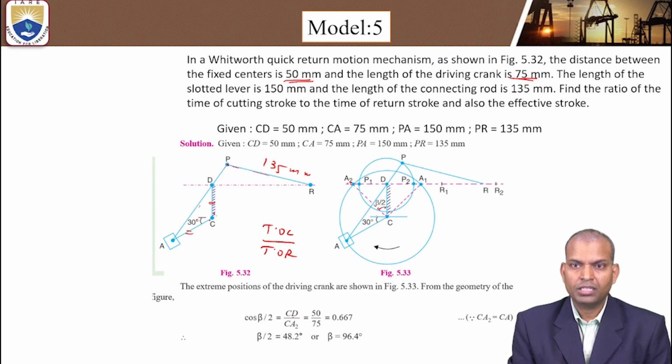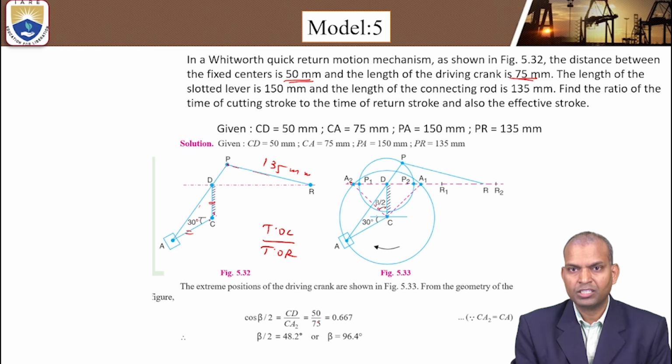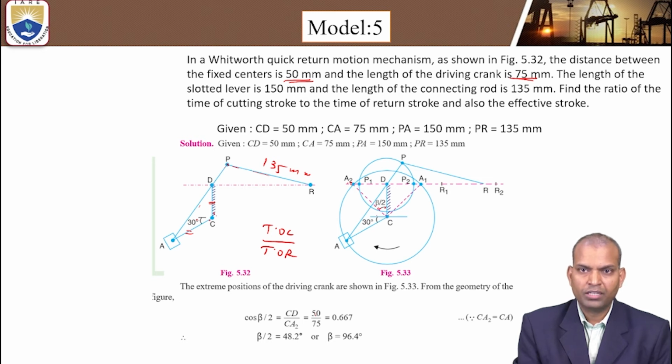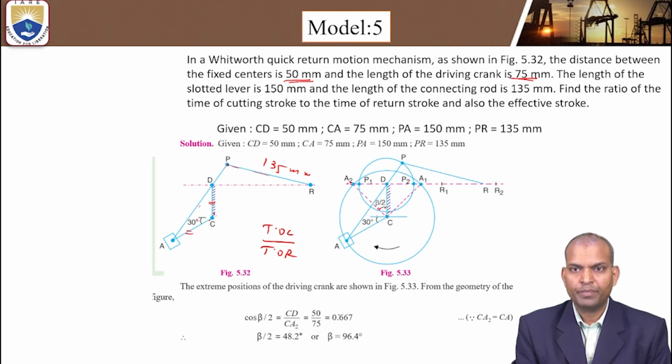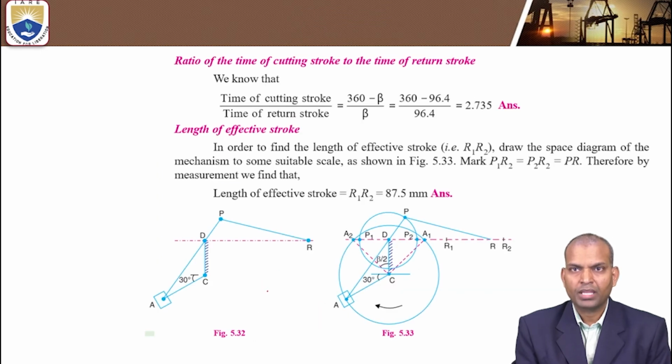What is CD here? 50 by 75. These are the known data, that's why we took cos beta by 2. Otherwise we could consider sin beta by 2, but then we don't know AD. So based on the known parameters, beta equals 96.4 degrees.